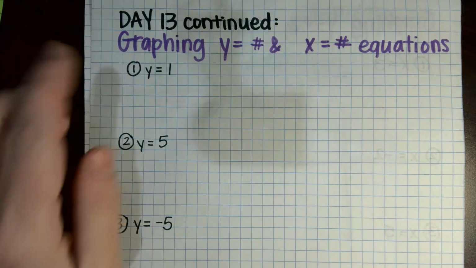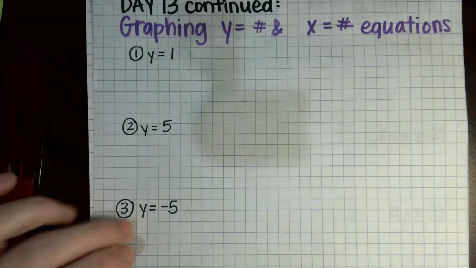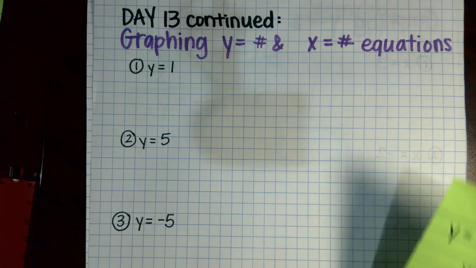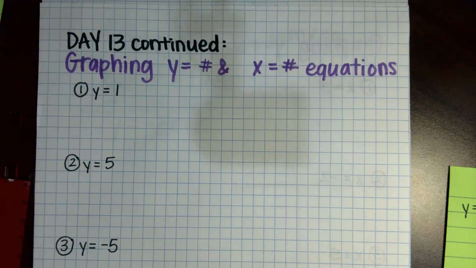This one is either going to have just a Y or just an X. We're going to start with Y's first. Okay, so what I am going to do is write out a little explanation for this.